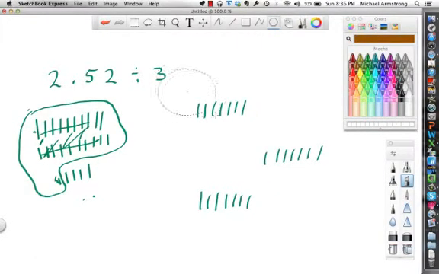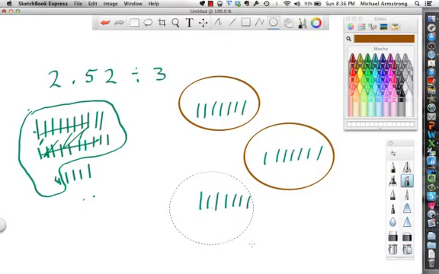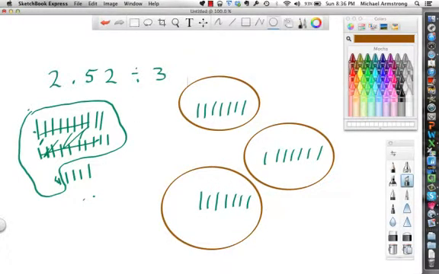Remember, I'm dividing by 3. Here's my group. Here's my group. And here's my third group. Sort of off center, but we'll just keep it. All right, so now I have these 4 tenths and these 2 hundredths. And really what I have to do is take these 4 tenths and change them into 40 hundredths.